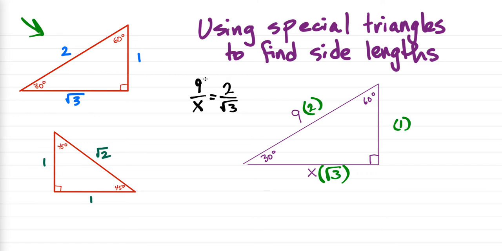Solving these, you can do the cross multiply that you learned forever ago. So 2 times x equals 9 root 3. So cross multiply, and then divide both sides by 2.